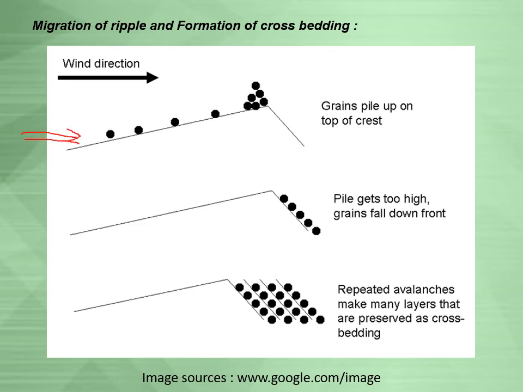If the flow comes and hits the stoss side of the ripples, erosion occurs on the stoss side. The particles which were previously static now start moving with this flow. They move most commonly as bed load or saltation along the stoss side of the ripples.